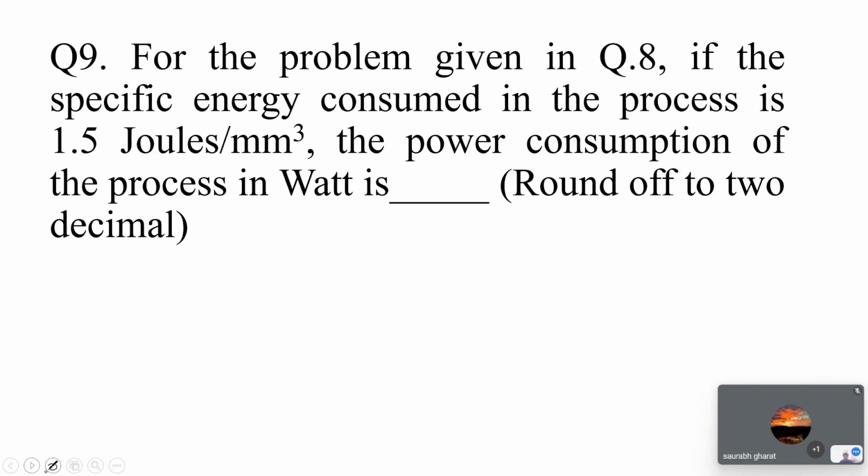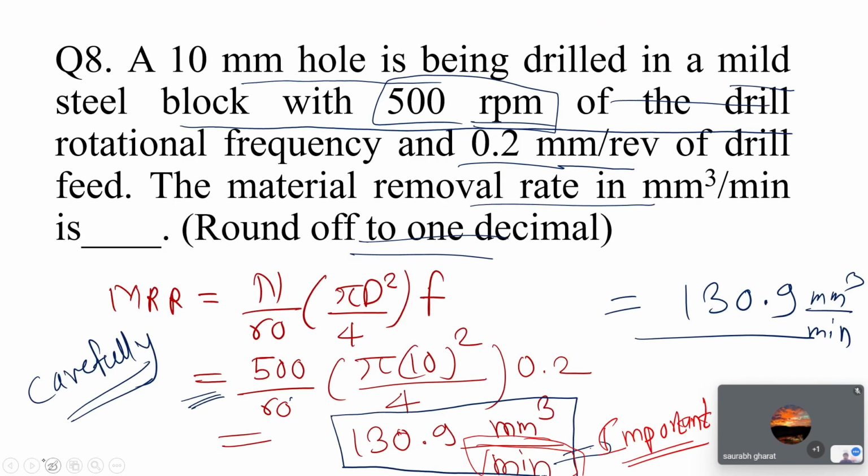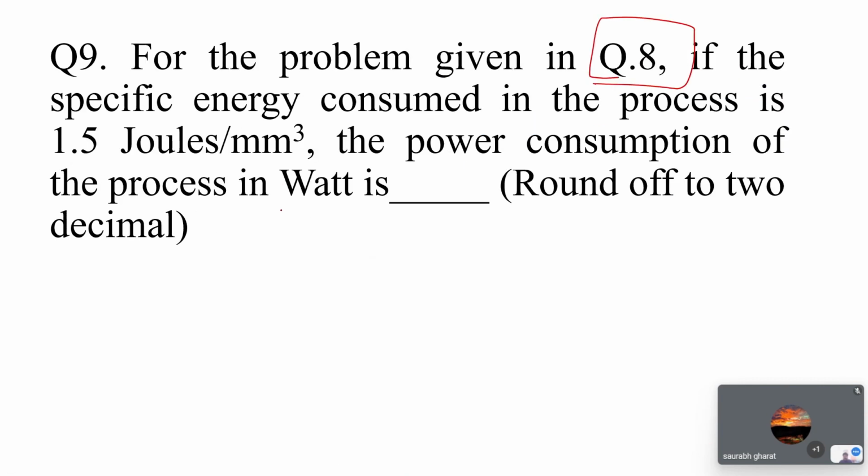For the problem given in question 8, if the specific energy consumed in the process is 1.5 watt, the power consumed in the process in watt is? So what is given here from question number 8? It will be 130.9, your MRR, which you got from question number 8: 130.9 millimeter cube per minute.